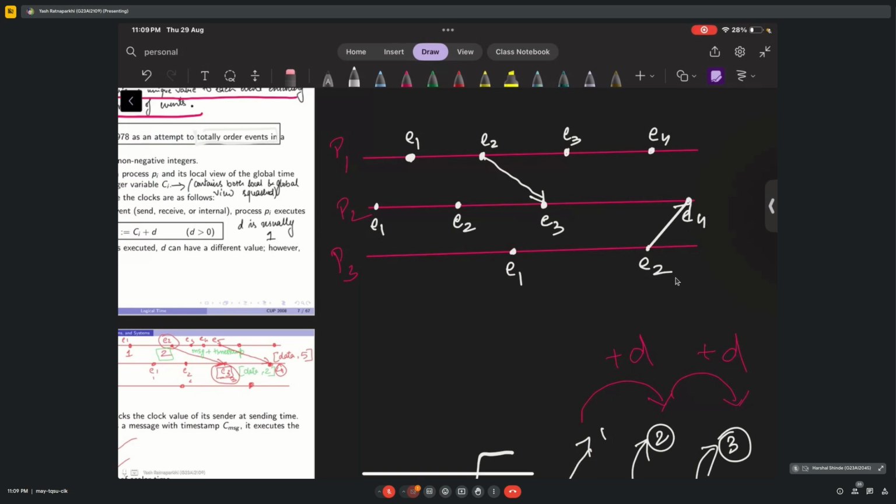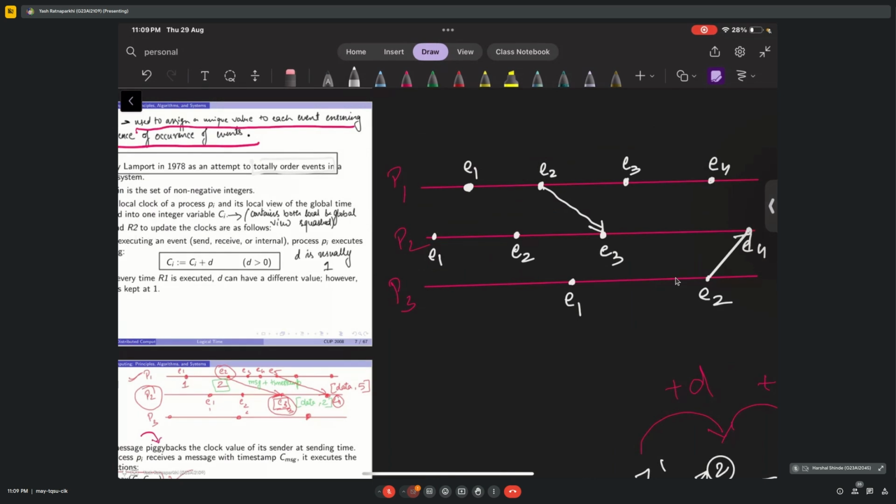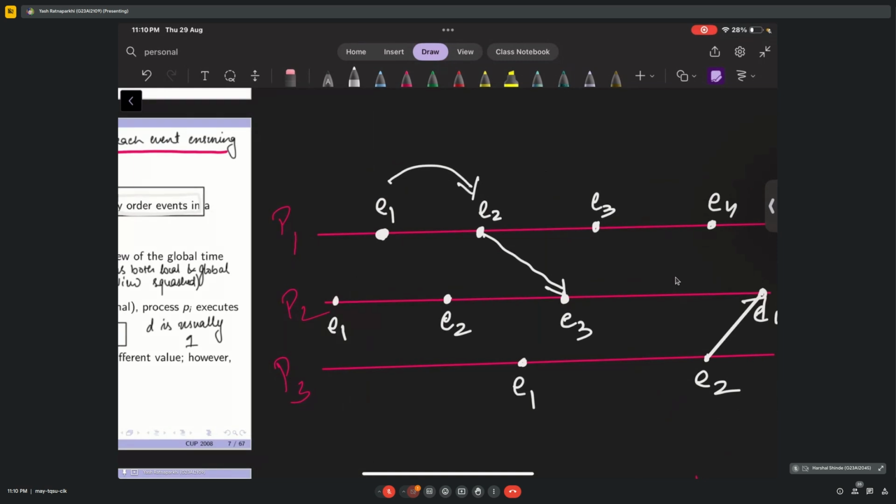So now what will happen? Each time the event is happening, again the same thing, the timestamp will increase by one. But now, very importantly, understand this thing. Whenever a send event is triggered, or whenever a receive message is triggered, this E2 will send a message to E3, but two things will be sent.